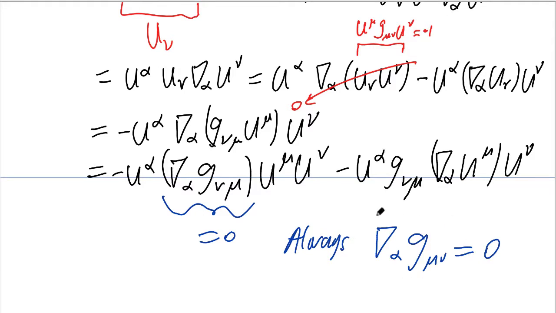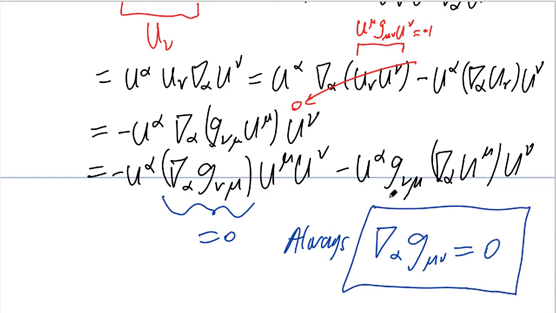So what you have here is a long expression involving lots of derivatives of g mu nu, and term by term they'll all cancel to give you 0. So this is an important result that we'll use over and over again in this course. All right, so with this term equal to 0, we're just left with this term.